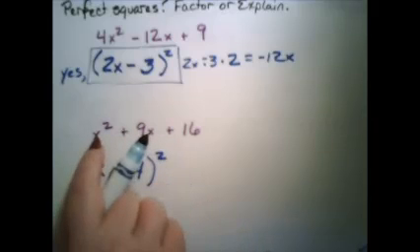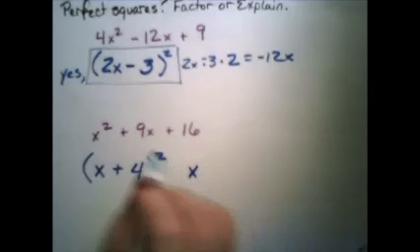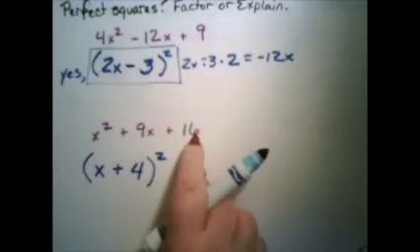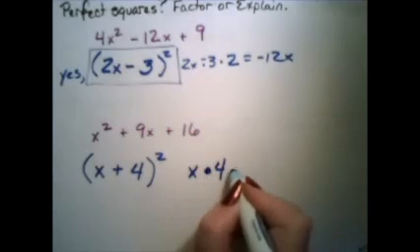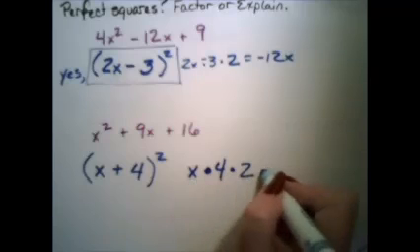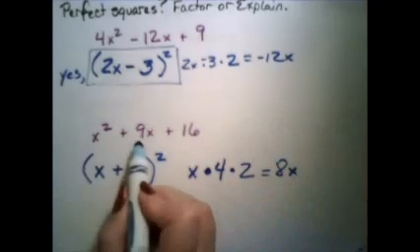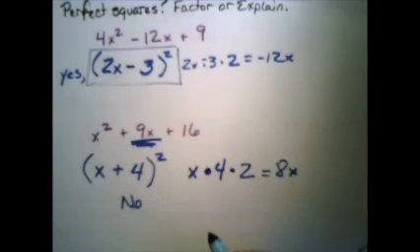So square root of 1x squared is just x. And the square root of 16 is 4. We're going to multiply that by 2, and we've got 2 times 4 is 8, times 1x is 8x. And that's not the case here, so this answer is no.